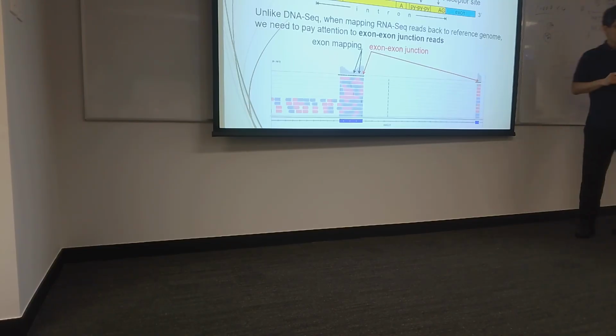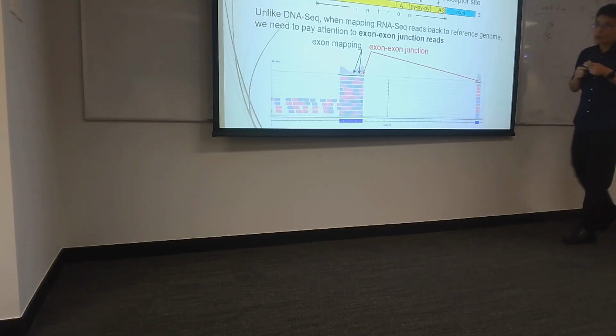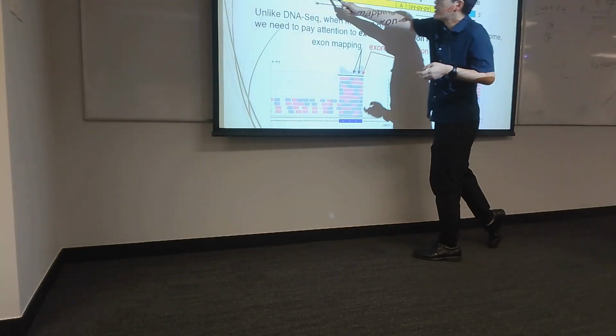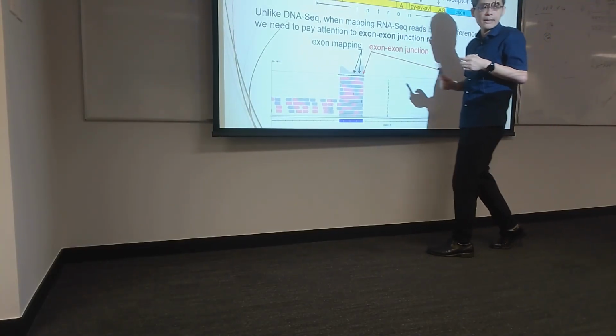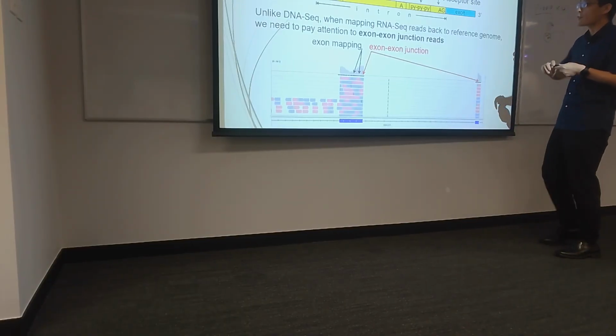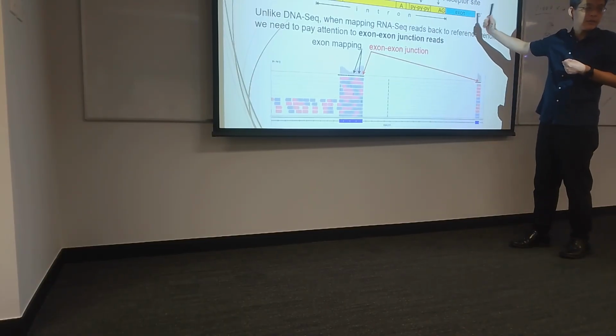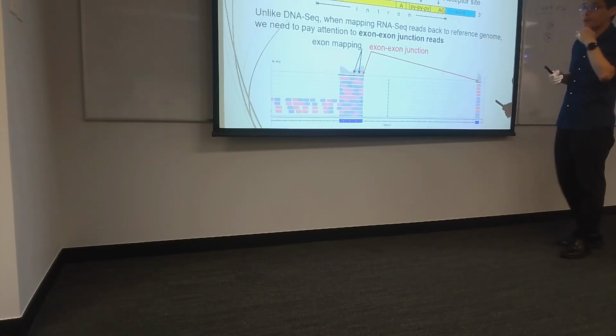But for RNA sequencing, you have to be aware of the splicing process. Because what we are sequencing is mature RNA after splicing. Therefore, quite often this read might not include the intron, so you need to be aware of the structure of the intron in the RNA sequence. And this happens very often.